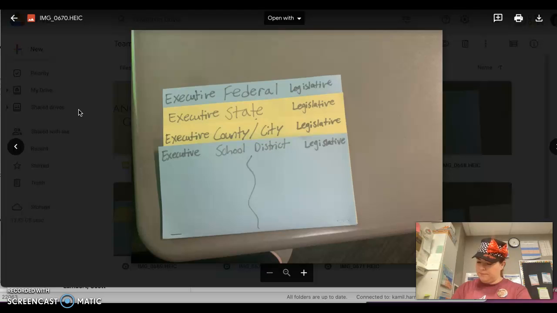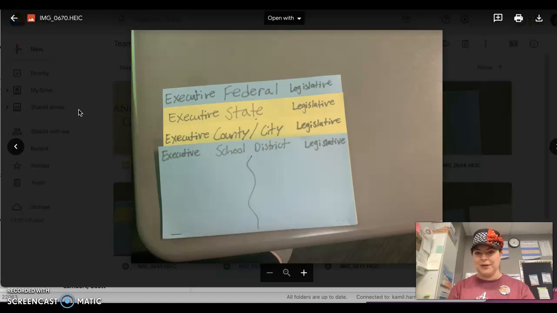Same thing for state, legislative, executive, scribbly line down the middle, legislative, executive, draw a line down the middle. So now every page looks like this one. It's got the level, the executive, the legislative branch, and it's divided down the middle.